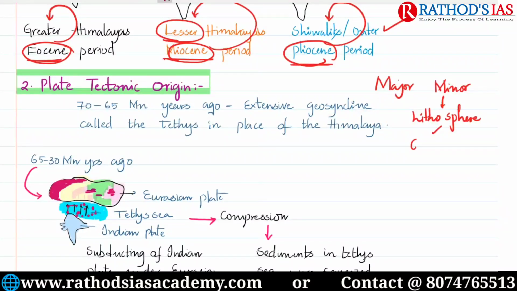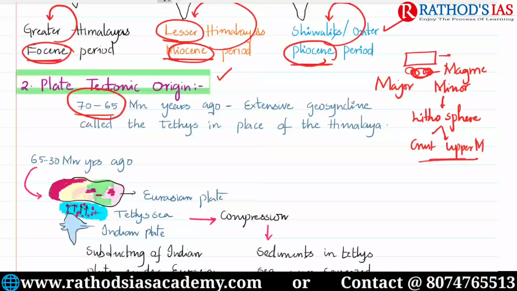So what is this lithosphere? Lithosphere is a combination of earth crust plus the upper layer of mantle. That mainly forms this lithosphere. And this lithosphere is divided into different types of plates like major plates and minor plates. These plates are floating on the liquid magma, and because of this they have the tendency to move.